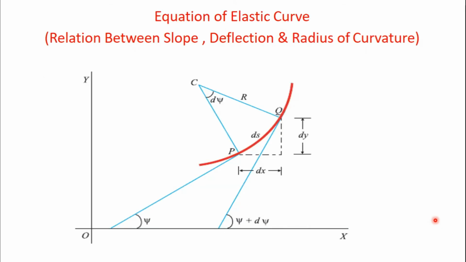Now here is a curve we are considering on xy plane, and this curve has a center of curvature at point C and it has a radius of curvature r.